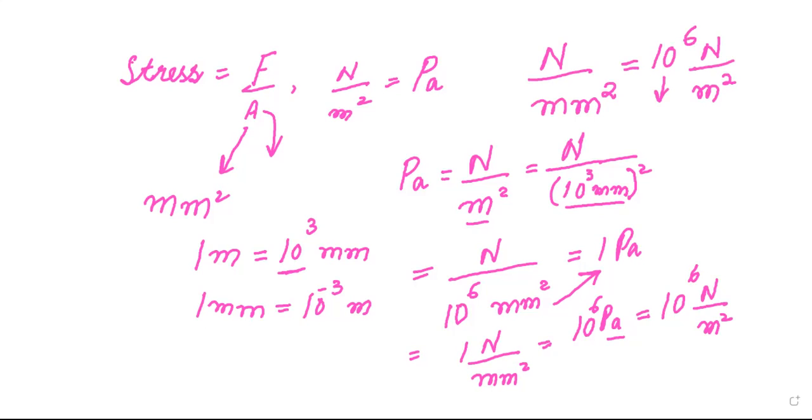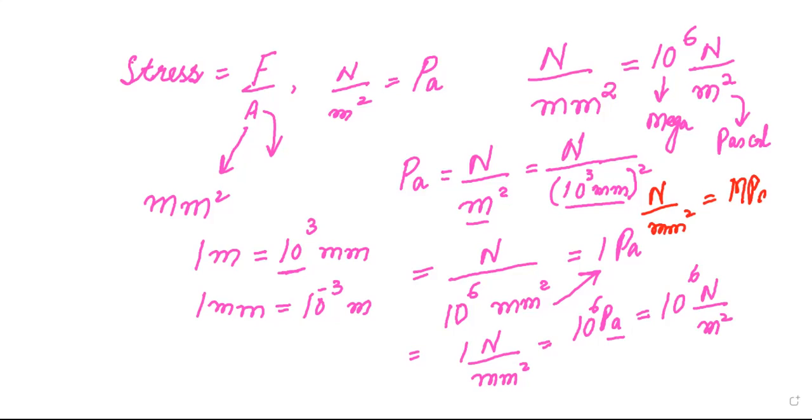10 raised to power 6 we call mega, and Newton per meter square we call Pascal. So we can therefore say 1 Newton per mm square is equal to 1 megapascal.